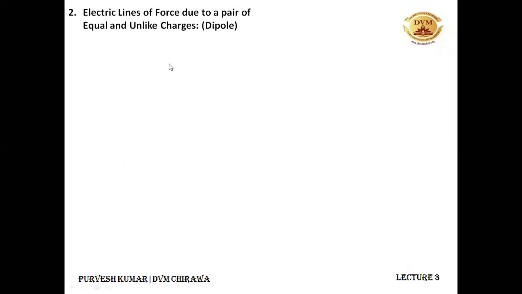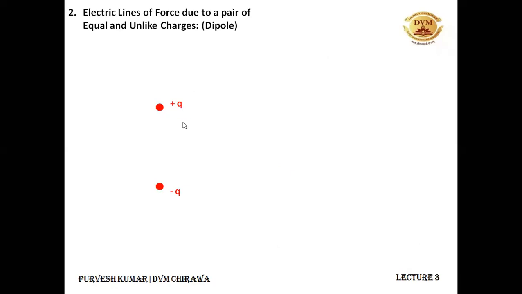Now, what will be the shape of the electric field for two equal and opposite charges? What will the electric field lines look like in the case of a dipole? You can see that this is a positive charge and this is a negative charge, and the electric field lines come out from the positive charge and move towards the negative charge.